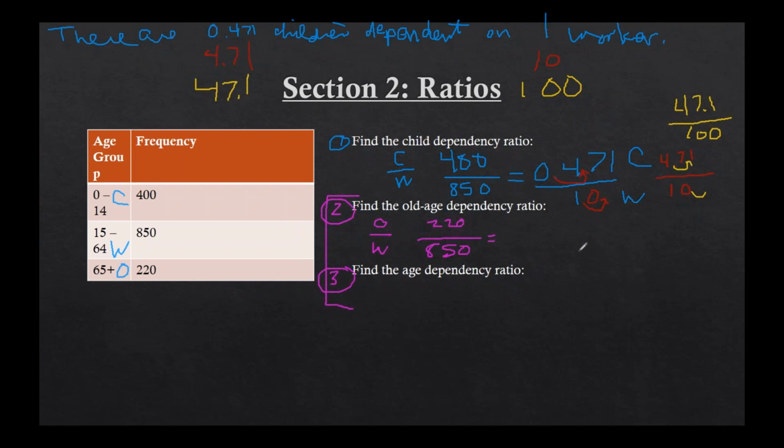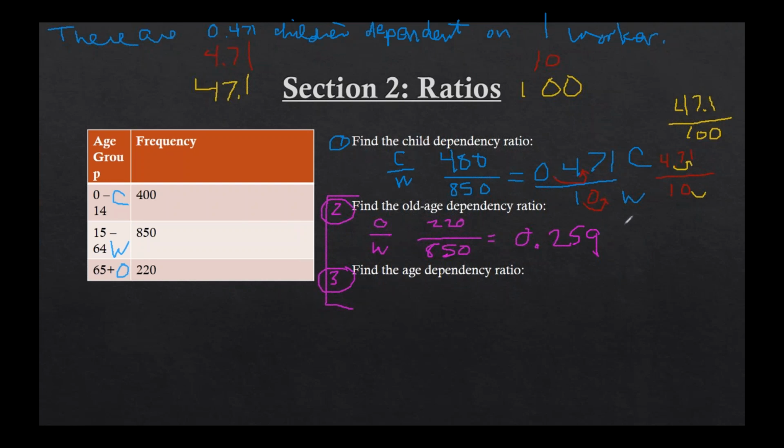We have 0.259. I think you just had a typo there, Trevor. So 0.259. So we could say, oh, out of 10. Very good, very good. So 0.259 old people are dependent on each worker, or as Trevor did, 2.59 old people are dependent on 10 workers. Good. Manipulation is fabulous in mathematics, not in real life.